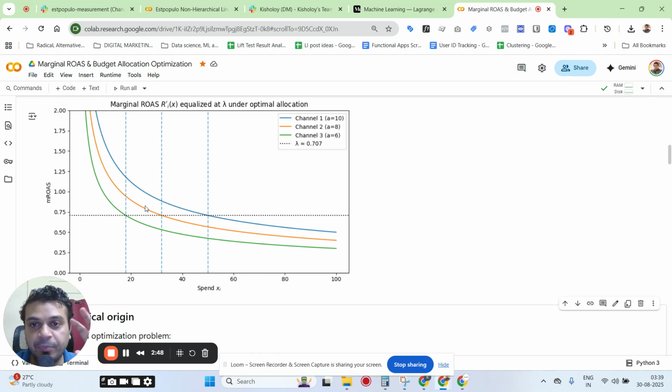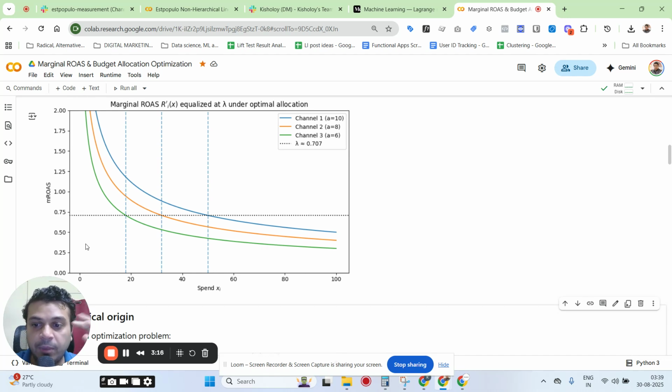Under this optimal allocation of budget across all channels and without any other additional restrictions, if you have the opportunity to constantly keep reallocating budgets among the channels, based on the idea of maximizing revenue, that's your ultimate objective, then comes a point when the marginal ROAS converges for all the channels.